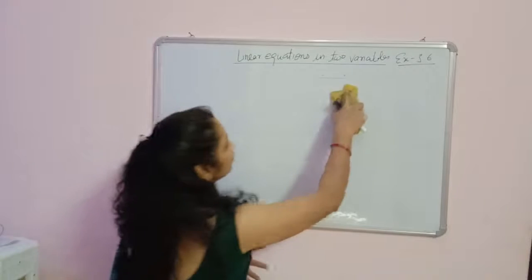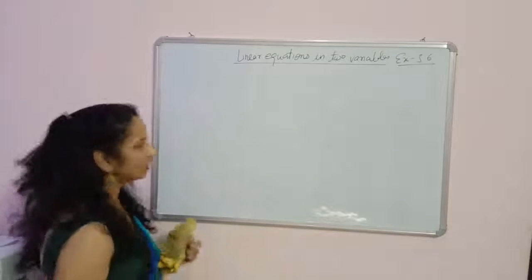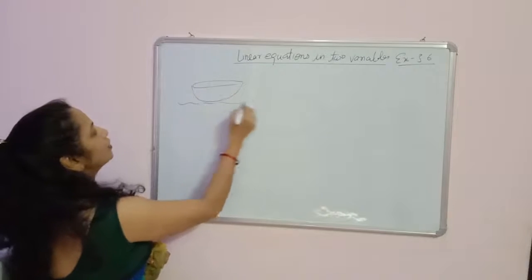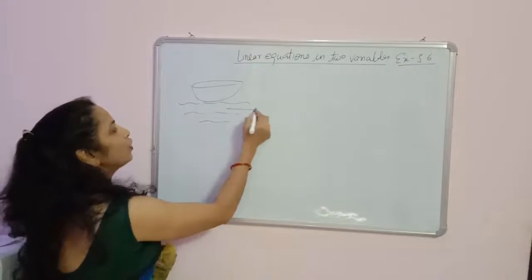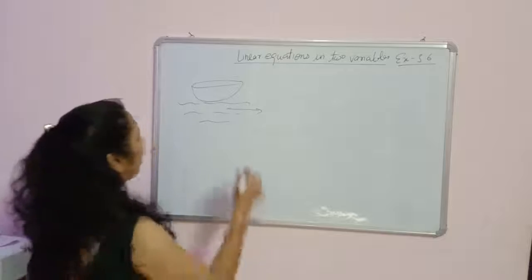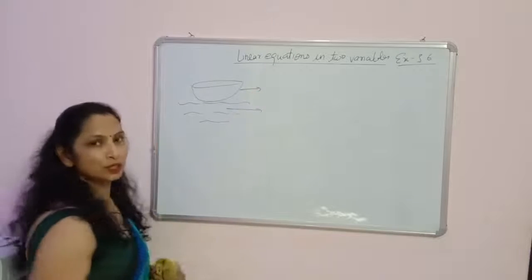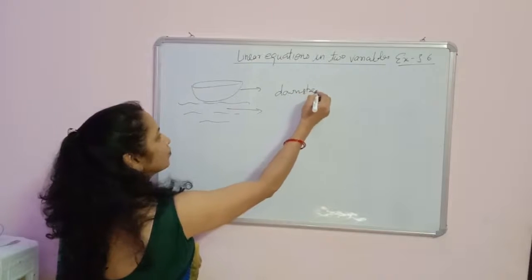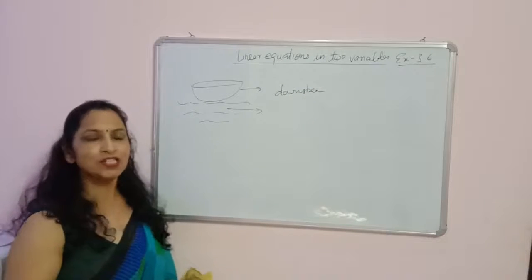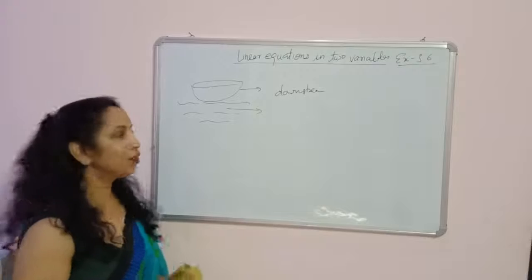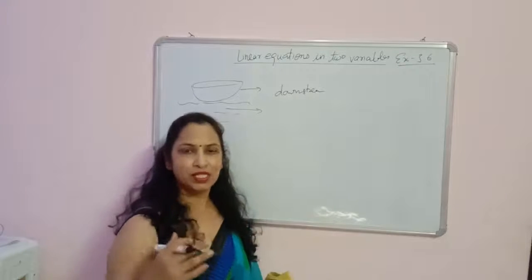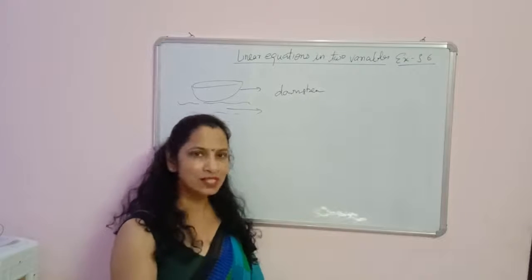So before going to the question, I will explain something. Suppose this is a boat and this is a river, and the flowing of the river is towards this side, and the boat is also going towards this side. This is called the downstream. In case of downstream, just imagine if you are going in the direction of the stream, then the speed of your boat will increase.